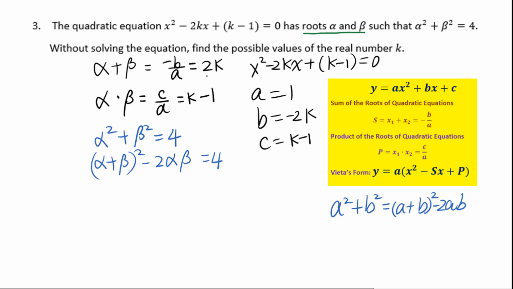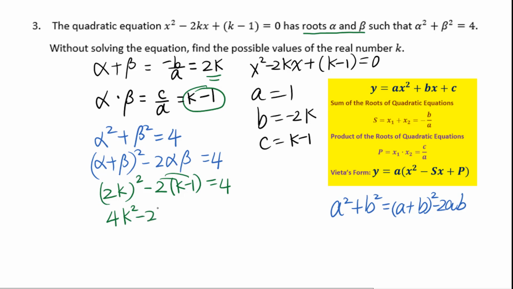Alpha plus beta is 2k, squared, minus 2 times k minus 1, because alpha times beta equals k minus 1, equals 4. Organize: 4k squared, distributive property, minus 2k plus 2 equals 4.